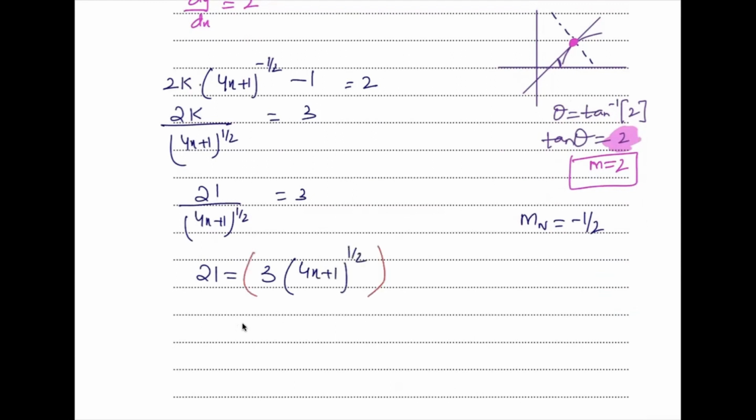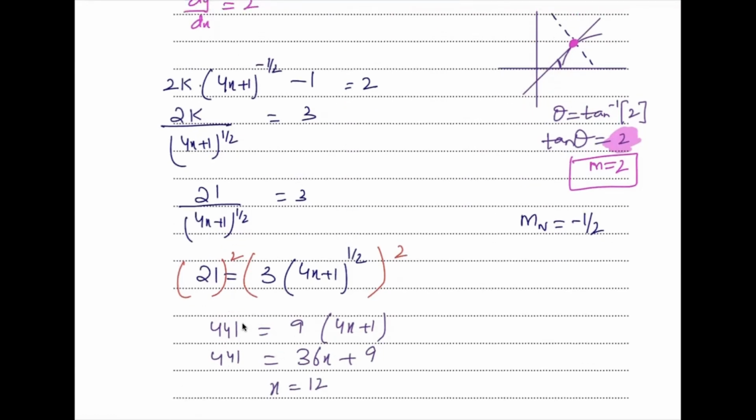You're going to square both the sides. 21 square is 441. 3 square is 9 times 4x plus 1. 36x plus 9 equals to 441. 441 minus 9 divided by 36. X comes out to be 12.